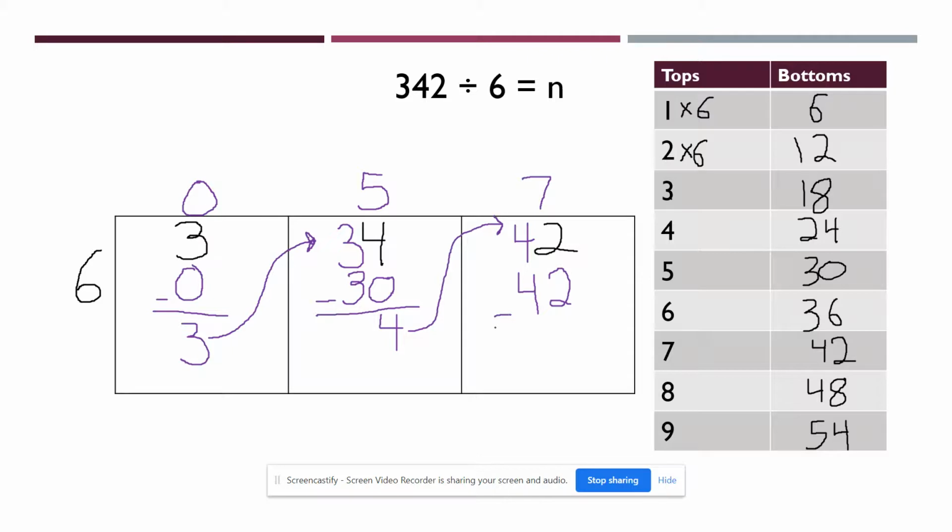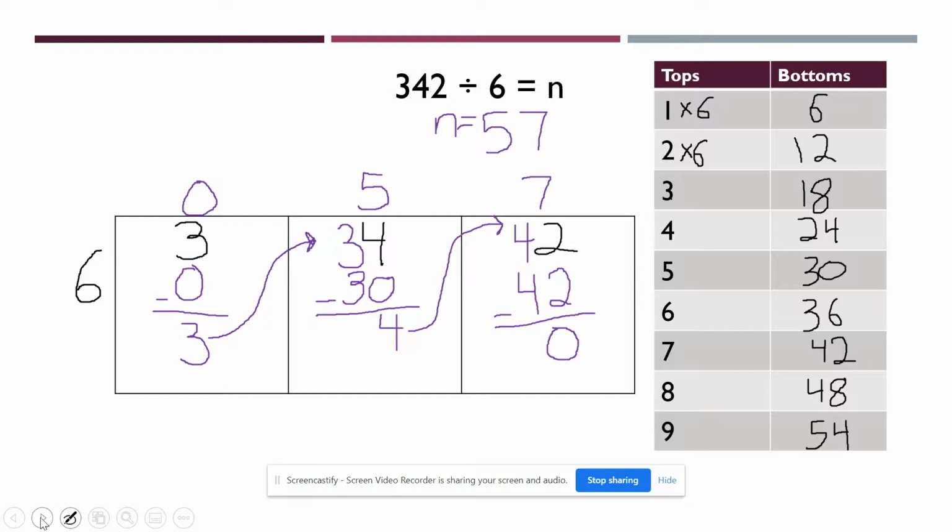I subtract 42 minus 42, and I get 0, which means there is no remainder for this problem. Since there's no remainder and I'm finished in the ones, this means I have my quotient or my answer, and n equals 57. I do not need to worry about this hundreds value because it's a 0.